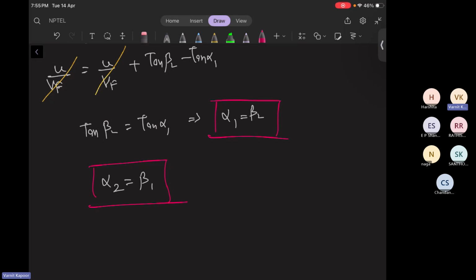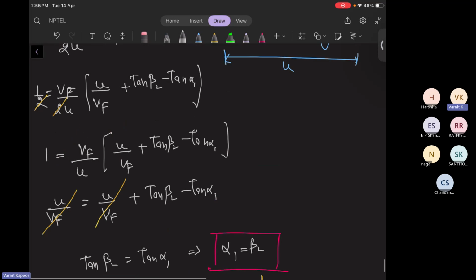Okay. So first absolute is equal to other's relative. Again, if alpha 1 and beta 2 are equal from here, then what you can write? Cos of alpha 1 is equal to cos of beta 2. And what is cos of alpha 1?